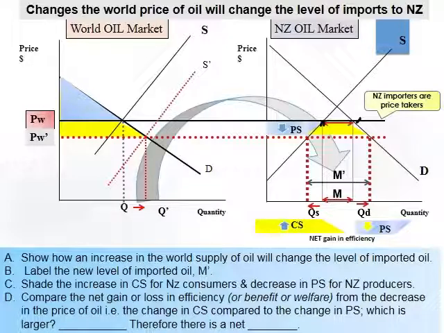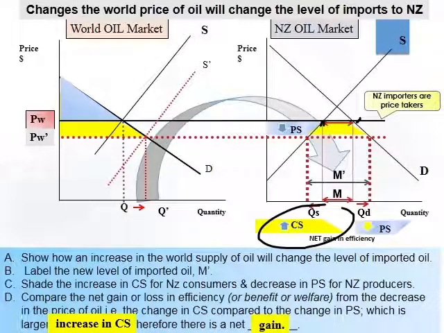So that blue trapezium represents the decrease in producer surplus. But when you compare the net gain, the decrease in producer surplus compared to the increase in consumer surplus, we can see there is a net gain in welfare or efficiency.